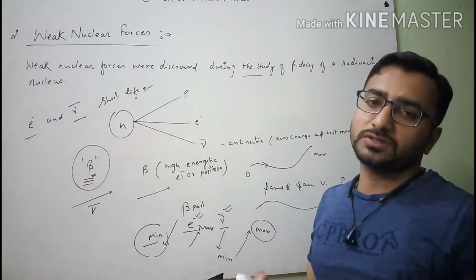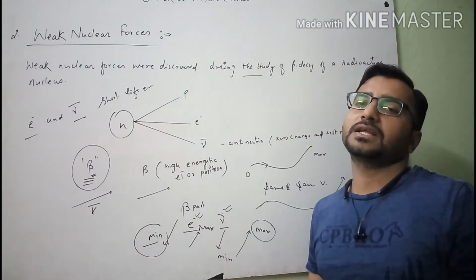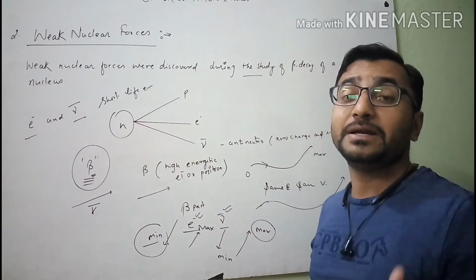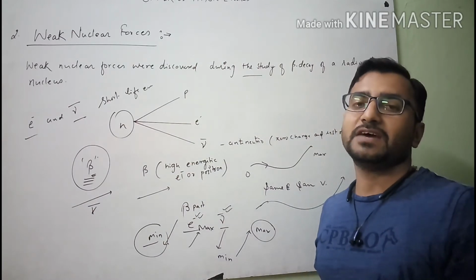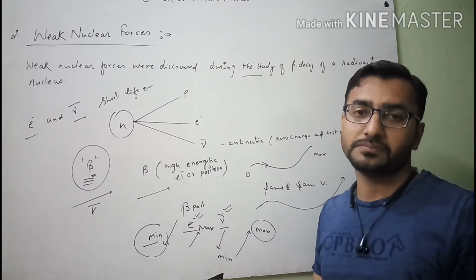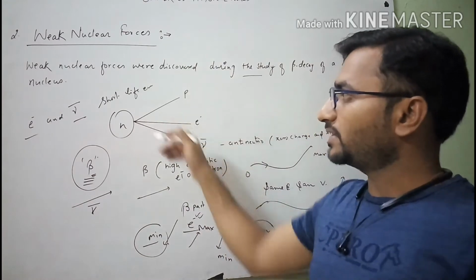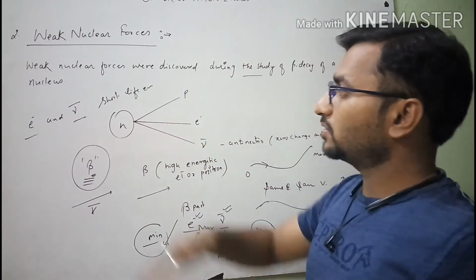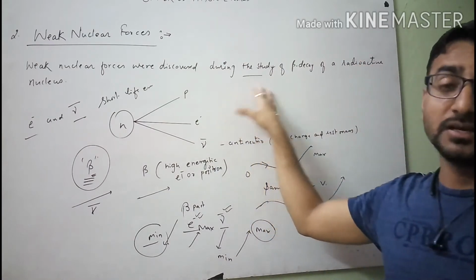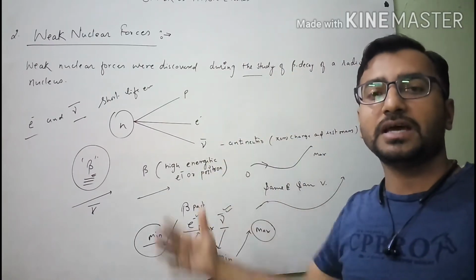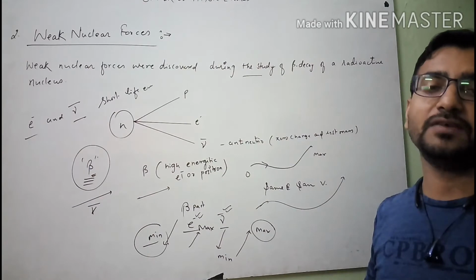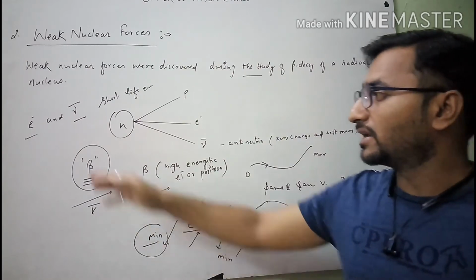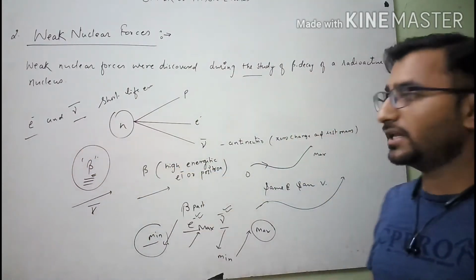The weak nuclear forces act between those elementary particles which have a short lifetime. So the definition of weak nuclear forces is that they are forces which act between elementary particles which have a short lifetime, like electron and antineutrino.